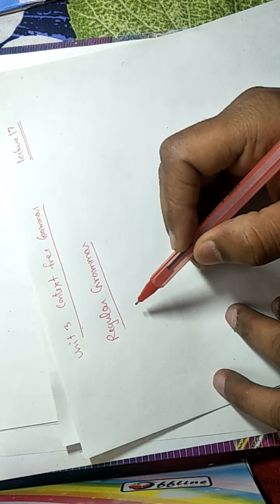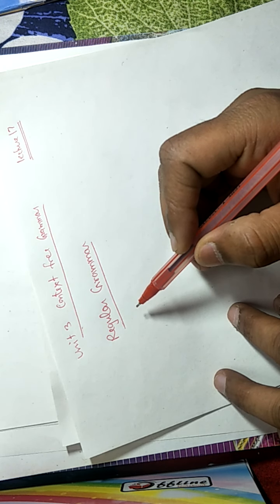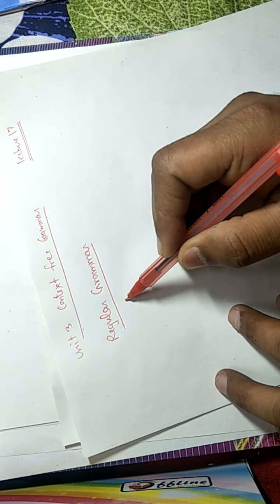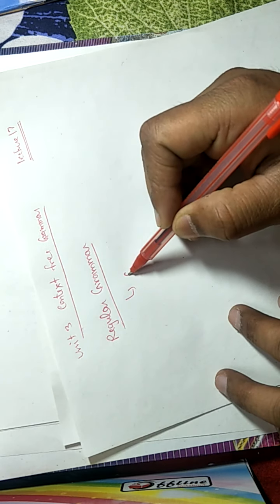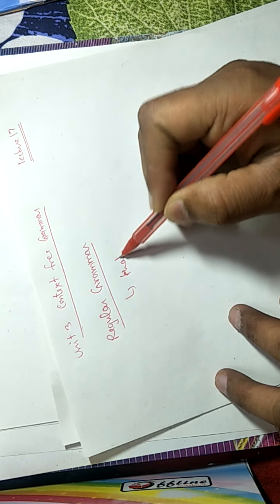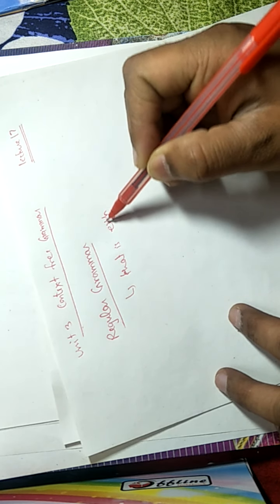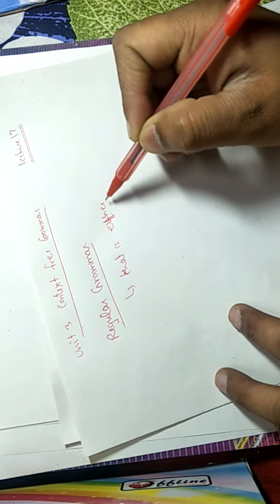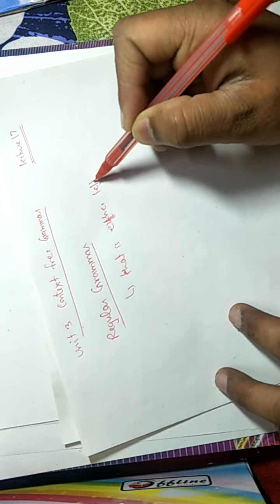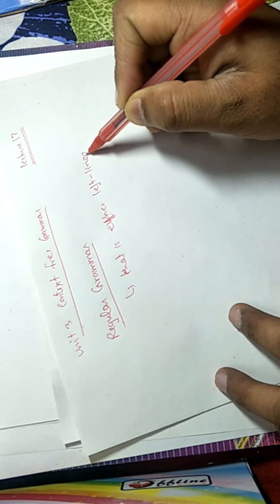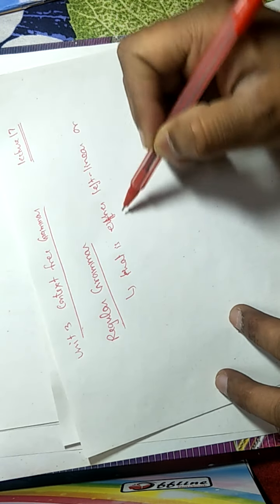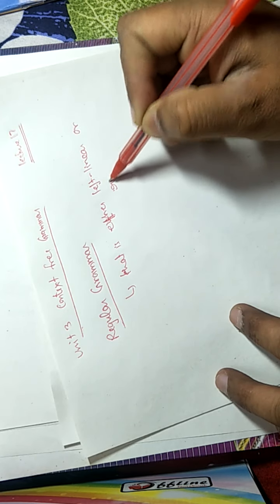And as per the definitions given, a regular grammar is one that is either a left linear grammar or a right linear grammar.